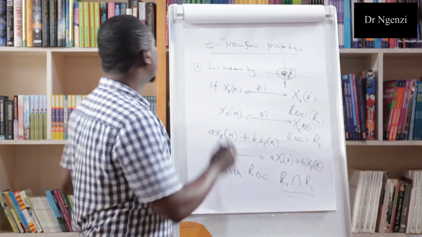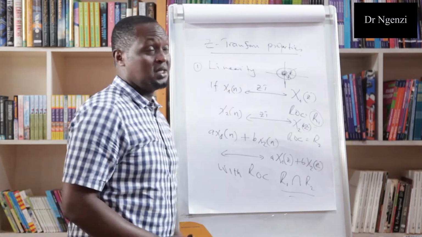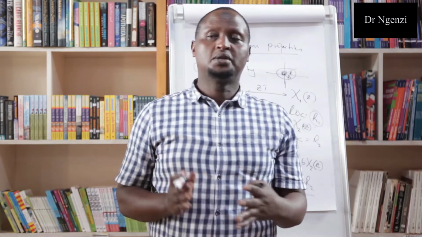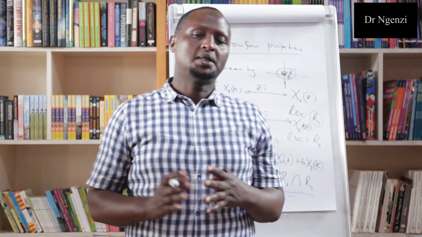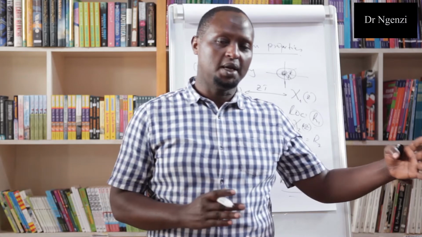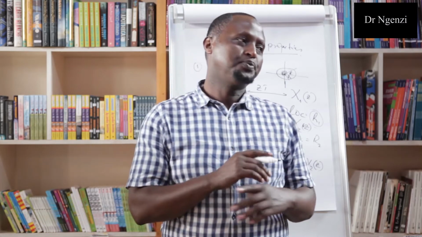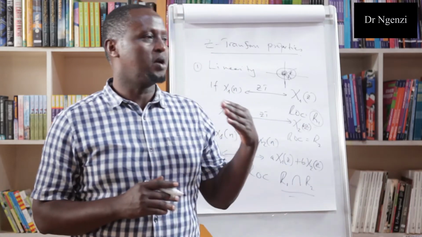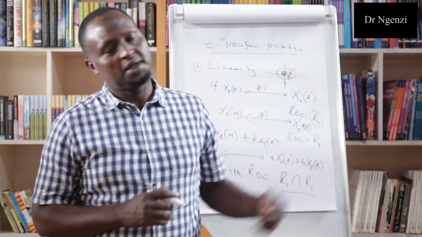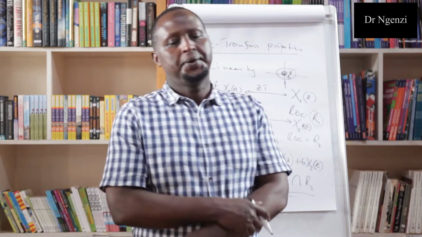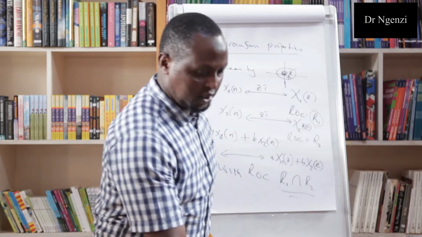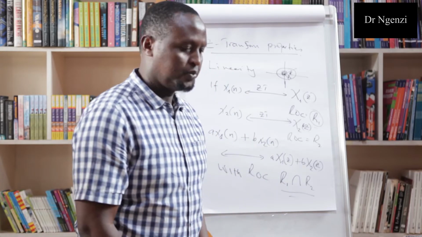That is property number 1, which respects linearity. By linearity, we mean what is done on the left-hand side is the right-hand side, but as corresponding values. For example, if you are looking for the frequency values, that is what we are going to obtain.